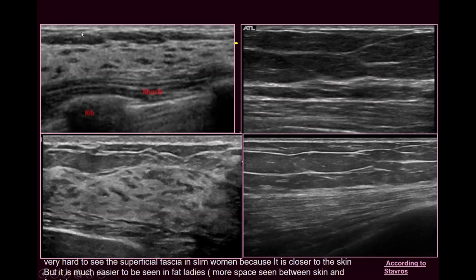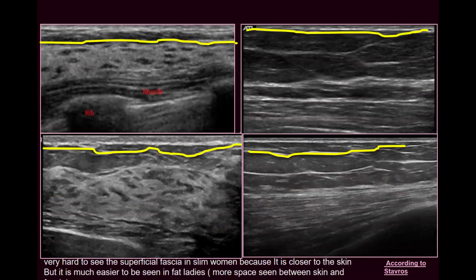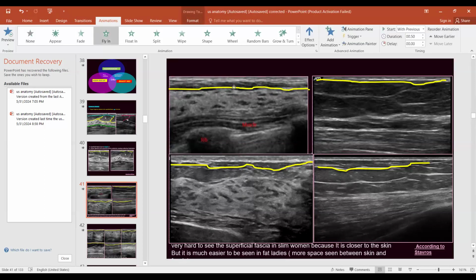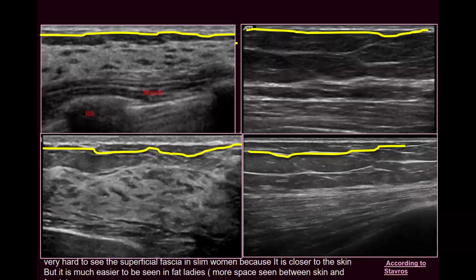Here, I could not, maybe here, it is hardly visualized, hardly perceived. Here it is there, okay? So, this is the superficial fascia.